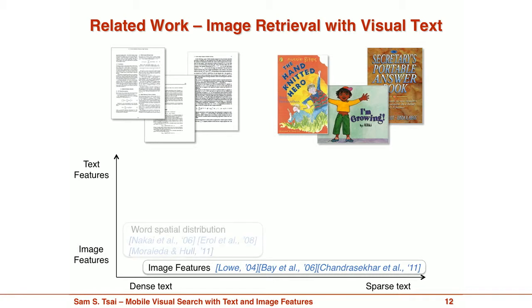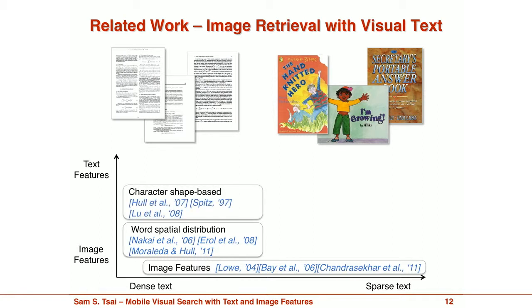For dense text images, people have generated geometric invariant features that are based on locations of words within the image. On a higher level are character shape features, where they look at the number of holes, ascenders, and descenders of characters. And at the highest level are algorithms that use OCR to recognize the text.